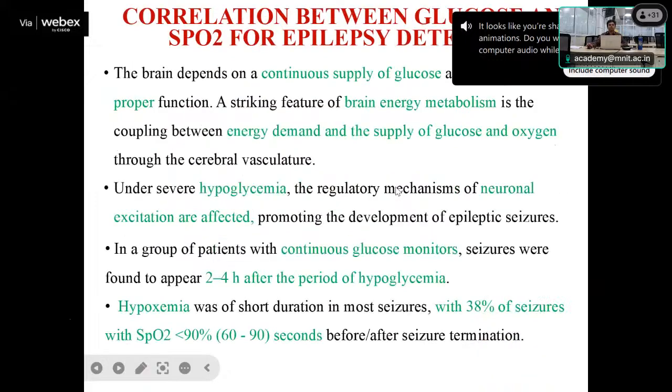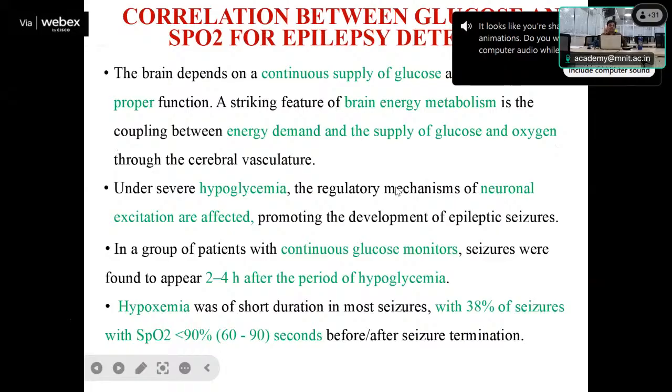Now for that also we have developed a wearable solution. We have observed in the literature that epilepsy has a close relation with the glucose value. When a person enters the hypoglycemia state, where the body has a lesser glucose value, the brain cells are not able to get proper glucose as well as oxygen.